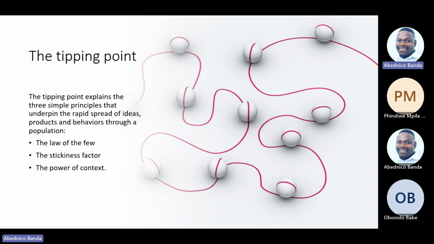Many companies will be selling blankets. Many brands will be selling heaters. And we realize that the price of a heater is actually cheaper when it's being sold in summer than when it's being sold in winter. We are going to talk about this when we look at pricing, but pricing can also fall under the power of context.